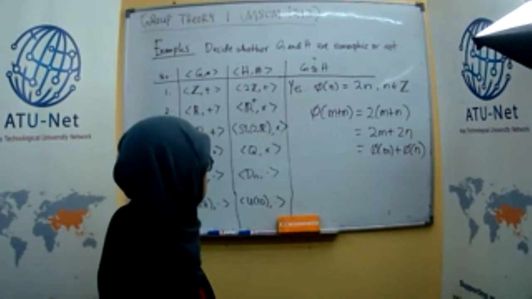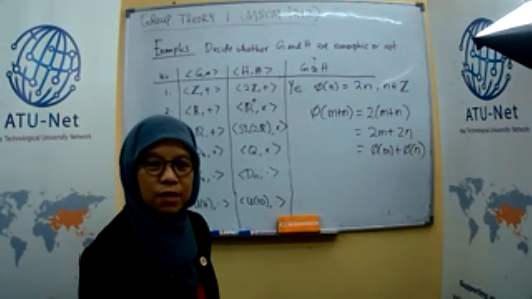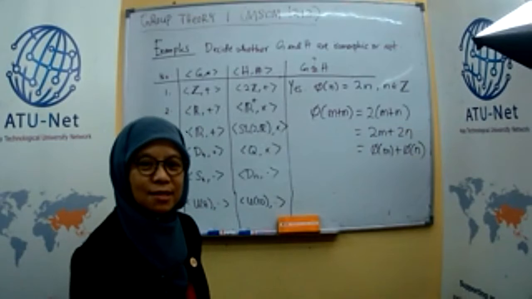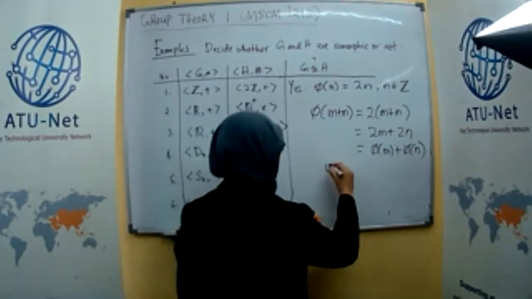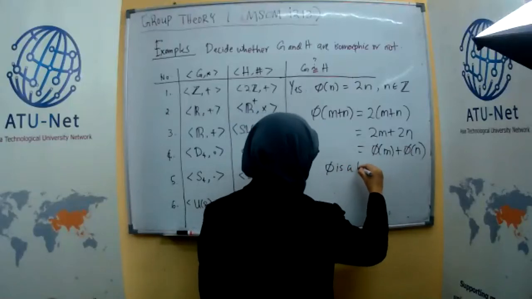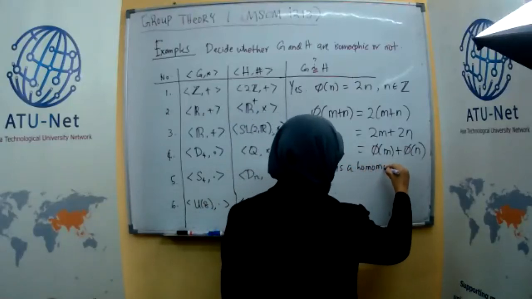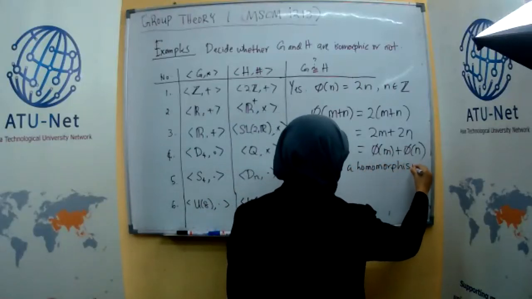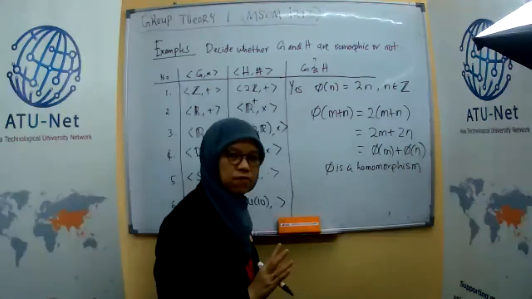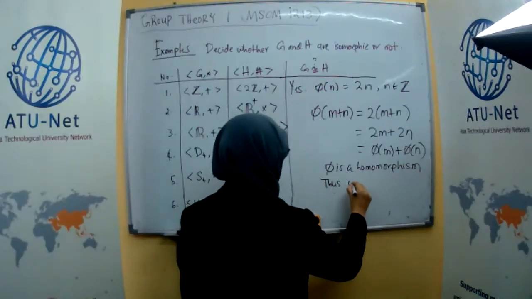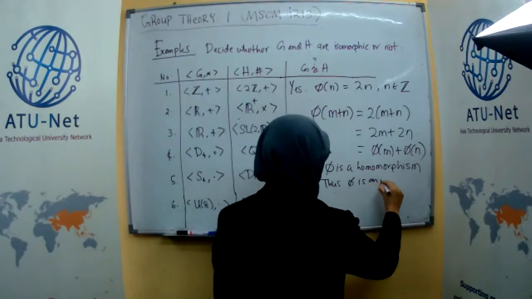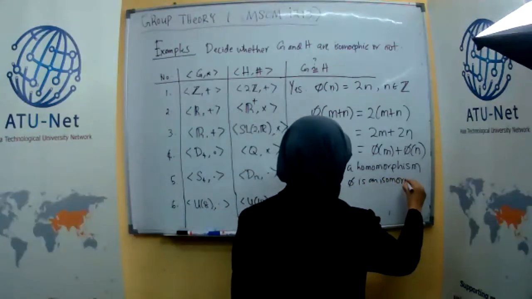Okay, Lava, is it okay? Yes, phi is an isomorphism. Okay, so phi is a homomorphism, or preserves operation. Thus, phi is an isomorphism.